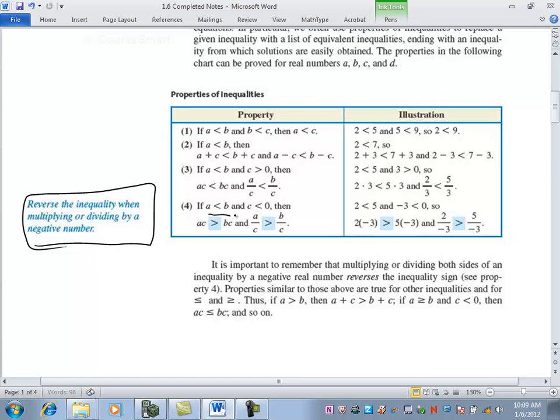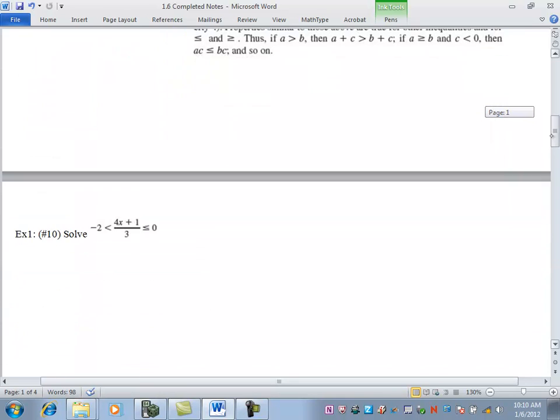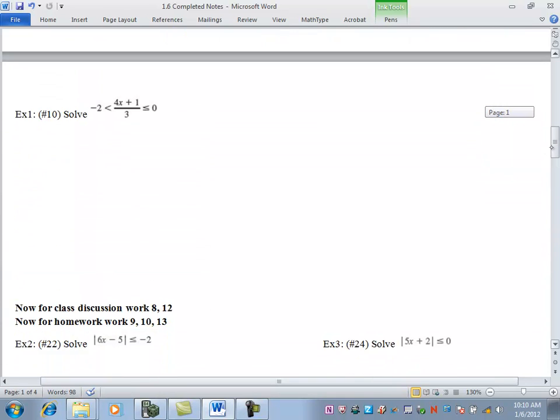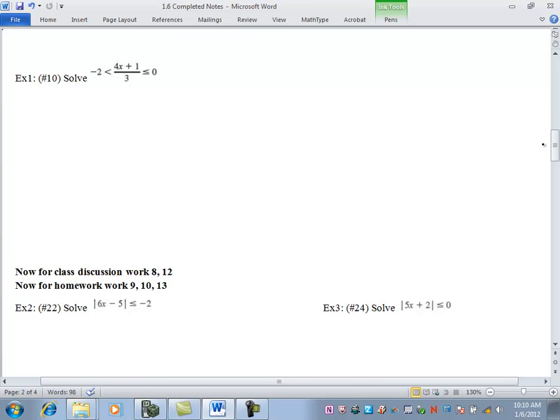If A is less than B and C is less than 0, then when we multiply both sides here by a negative number, you notice that flips our inequality. When we divide both sides by a negative number, you notice that flips the inequality. So please be aware of that. Something I'm sure you all know and have all seen at one point, but we just need to remember that.